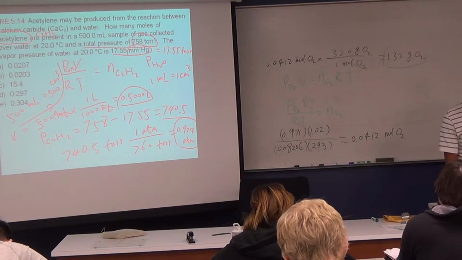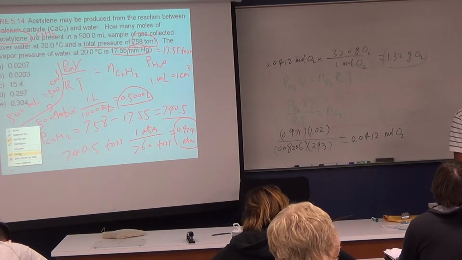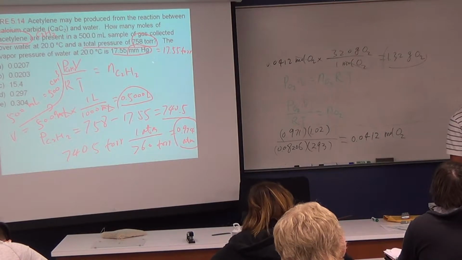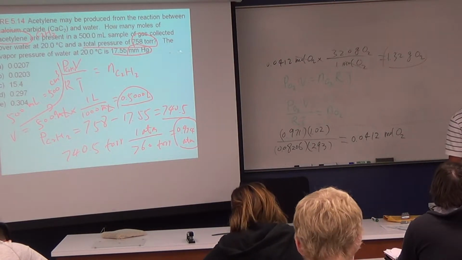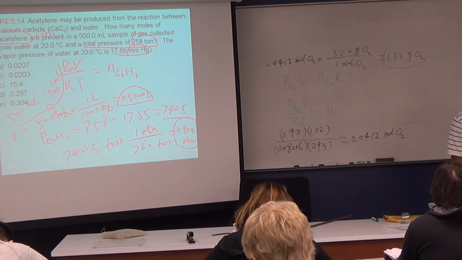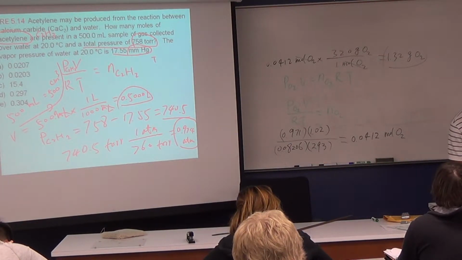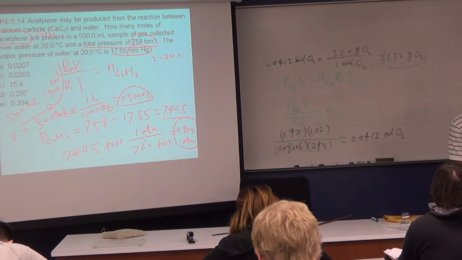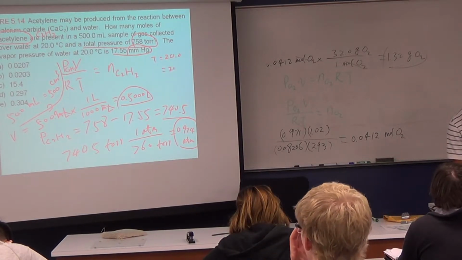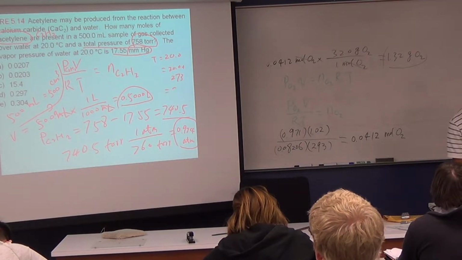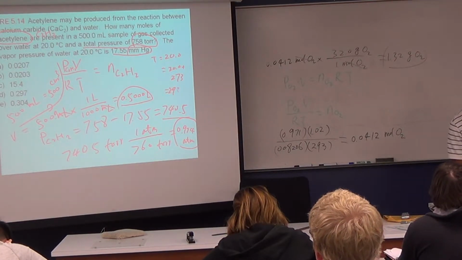So this is a difficult problem because the numbers are not really in the right unit. You have temperature equals 20 upon 0, and level equals 20 upon 0 plus 273, and you get 293 kelvins.